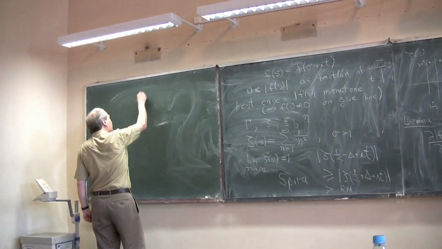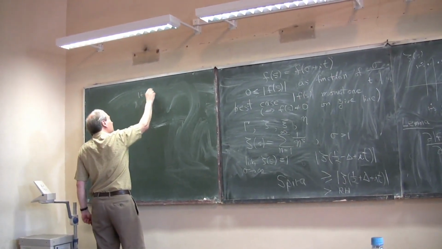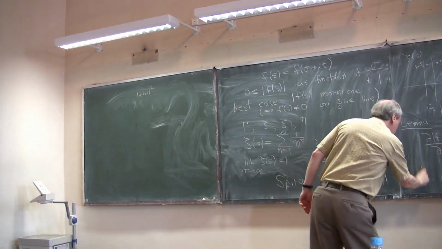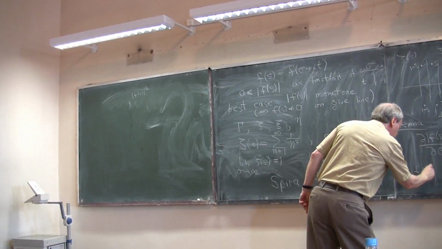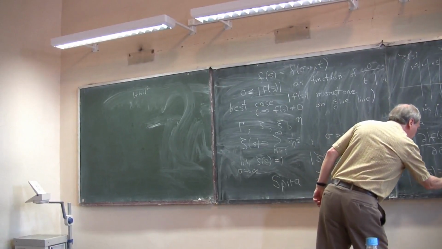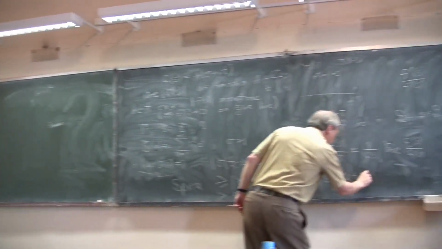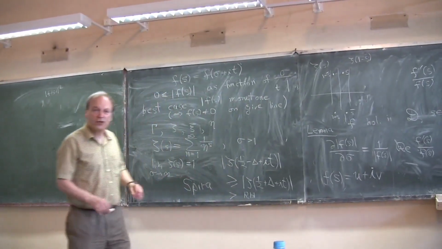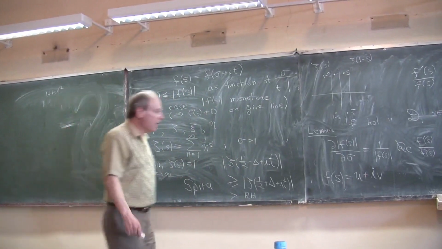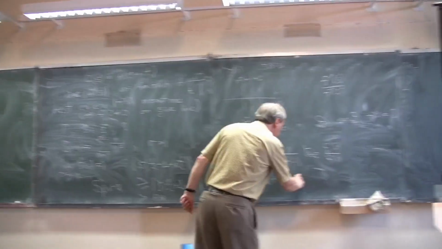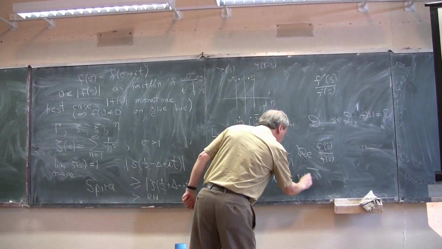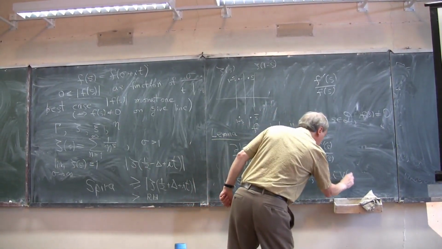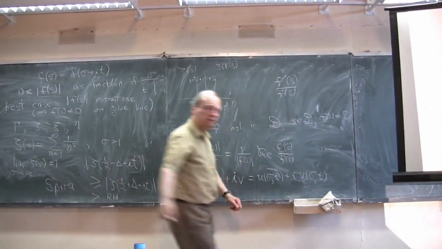The modulus of f of s squared, well, let me just introduce some notation. So the usual notation, f is equal to u plus iv. We have a holomorphic function, we have the real part, the imaginary part. u is a function of sigma, t plus i v of sigma, t.